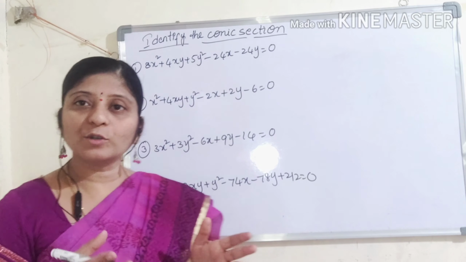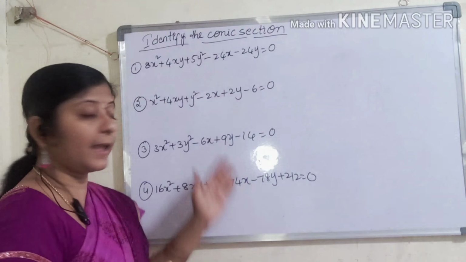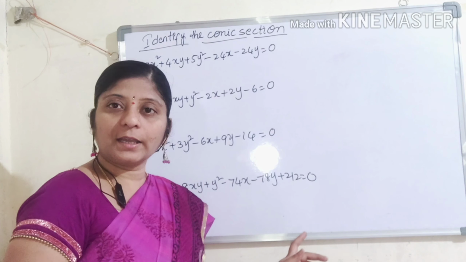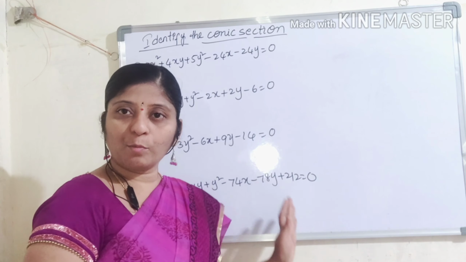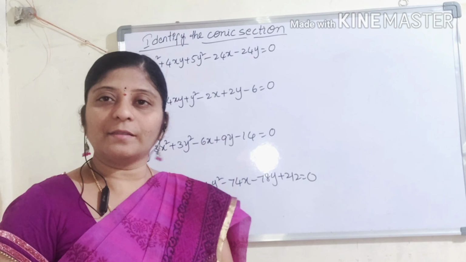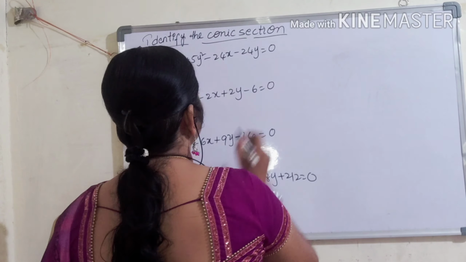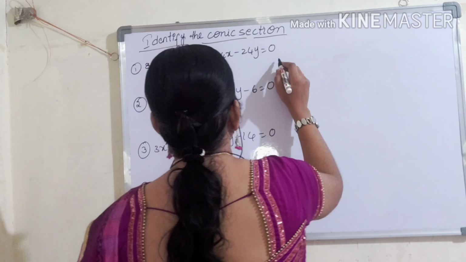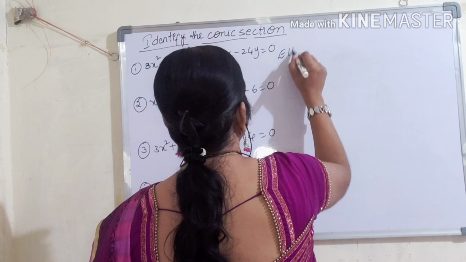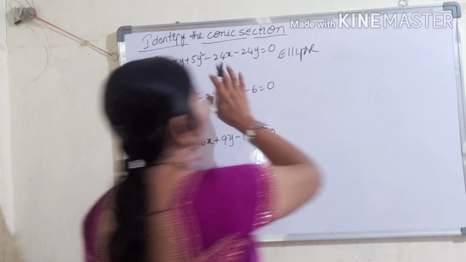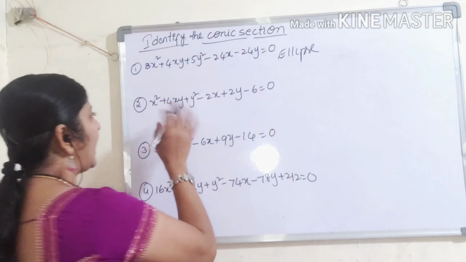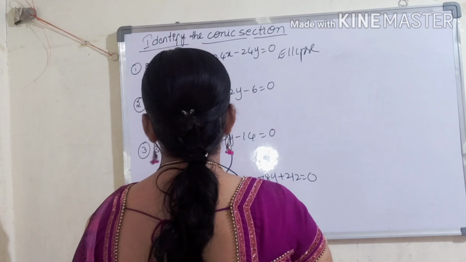That means we have to identify whether these second degree equations represent a circle or ellipse or parabola or hyperbola. I will do this one. Let us see. First one represents ellipse. And let us see the second one.